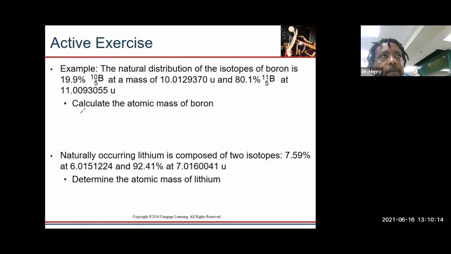So we are going to change it to its decimal form. So it's going to be 0.199 times 10.0129370.